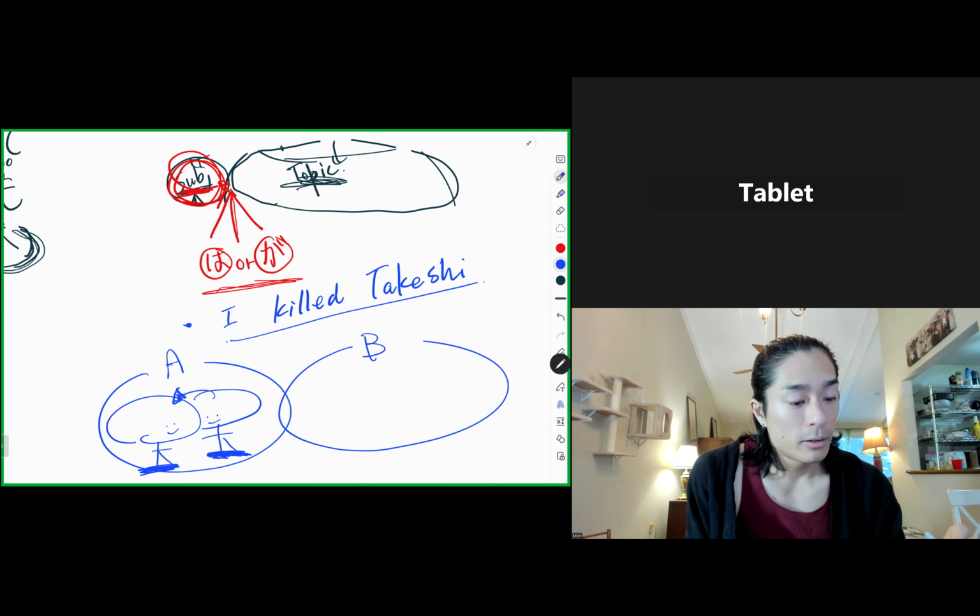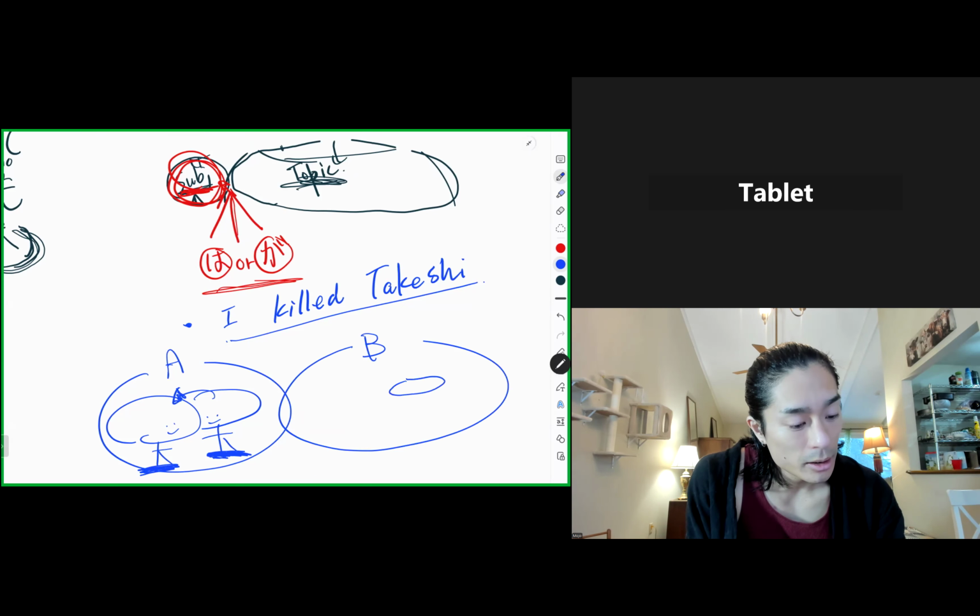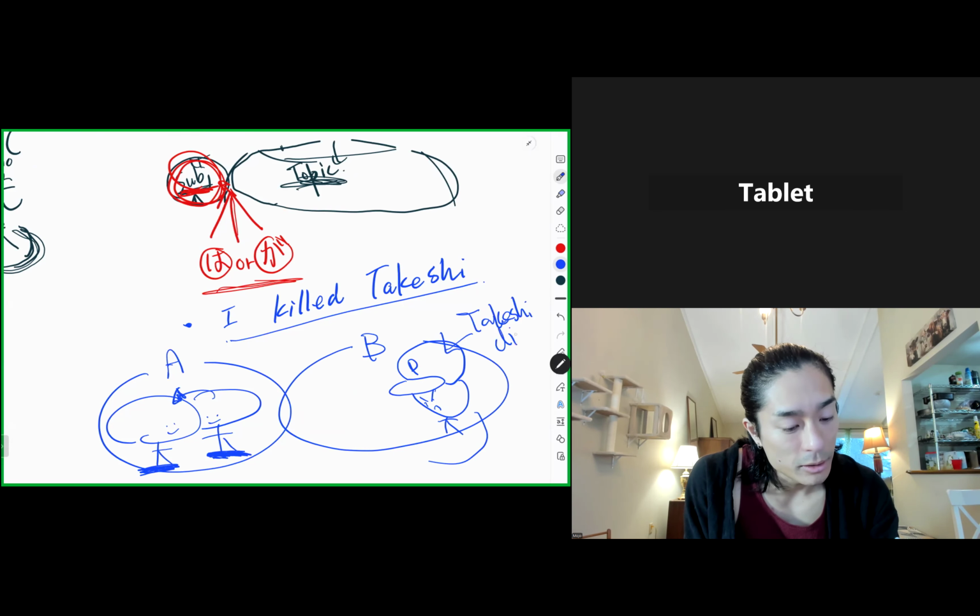Situation B, a totally different situation. You see a police officer looking for the culprit, the murderer. Why? Because the police already know that Takeshi died. Someone killed Takeshi, right? But what they don't know is who.